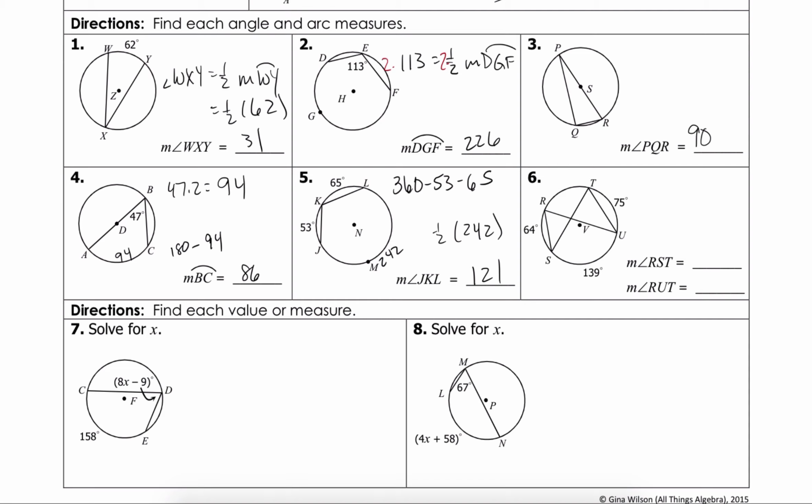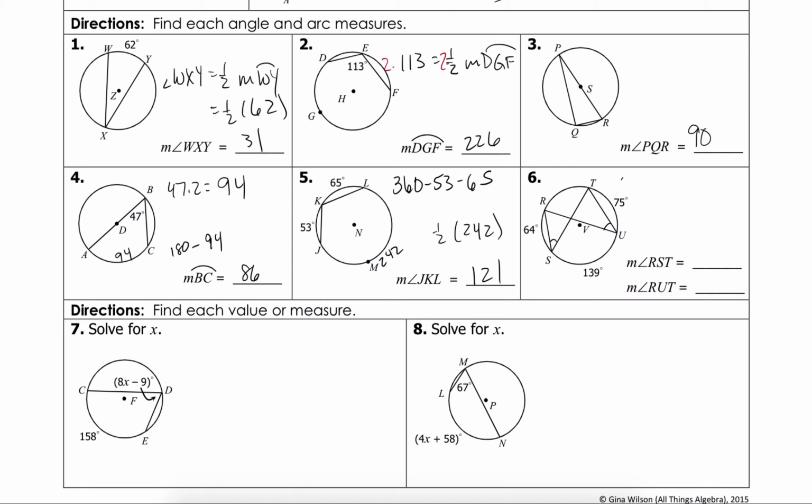All right. So now on number 6, we're trying to find RST and RUT. Now if you notice, RST and RUT both have the same intercepted arc. That arc is RT. So these are actually going to be congruent angles. So how could I find RT?